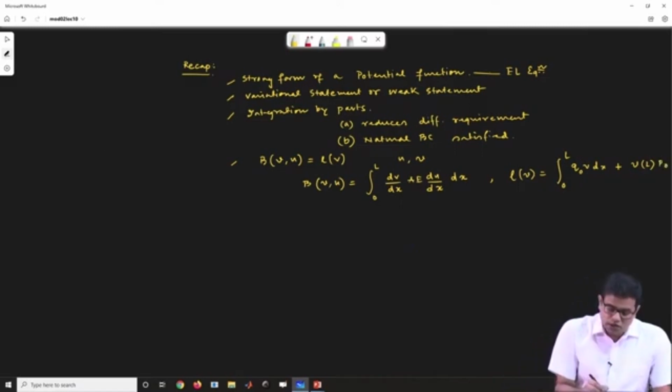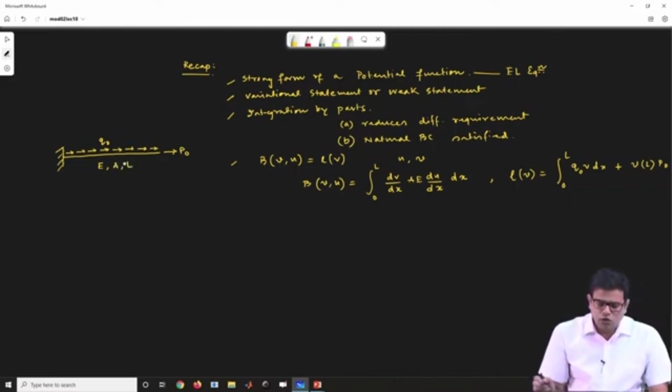So that is the problem I am considering, with a force P0 and a distributed load Q0. E is constant, A is the area, and the length is L. The boundary conditions we also know.